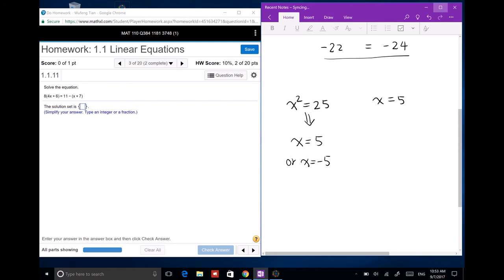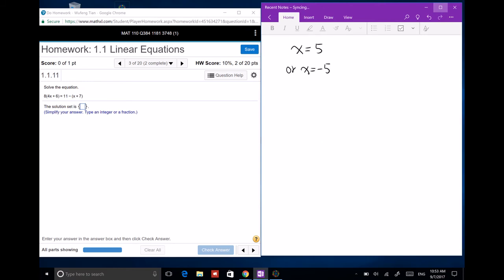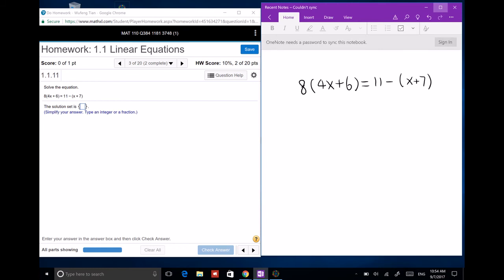Okay, so next one. 8 times 4x plus 6 equals 11 minus x plus 7. So to solve an equation, which means to isolate the x, we distribute. 4 times 8 is 32x plus 48 equals 11 distributed minus x, distribute minus 7. Now I want to combine the x's together, combine the numbers together.